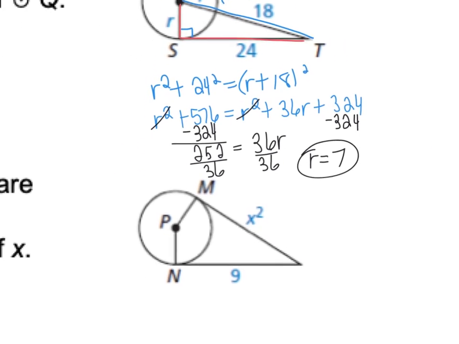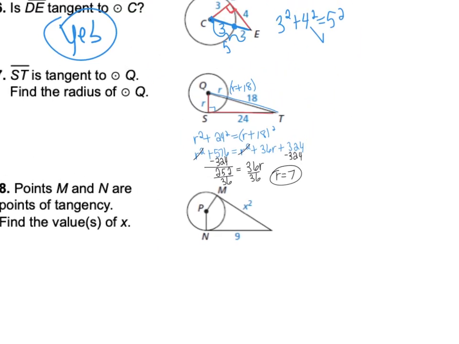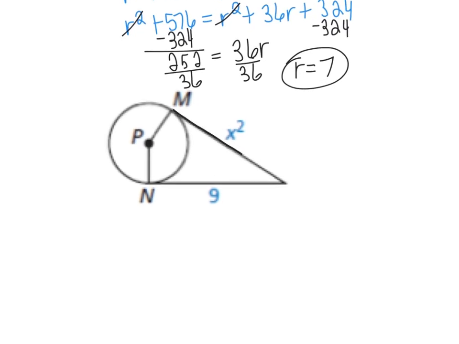Okay, let's look here, because this one is also one that we want to make sure we're not getting any confusion on. Our two lines are tangent. They're both on the outside and they intersect at a point out here, which tells me that those two are equal to each other.